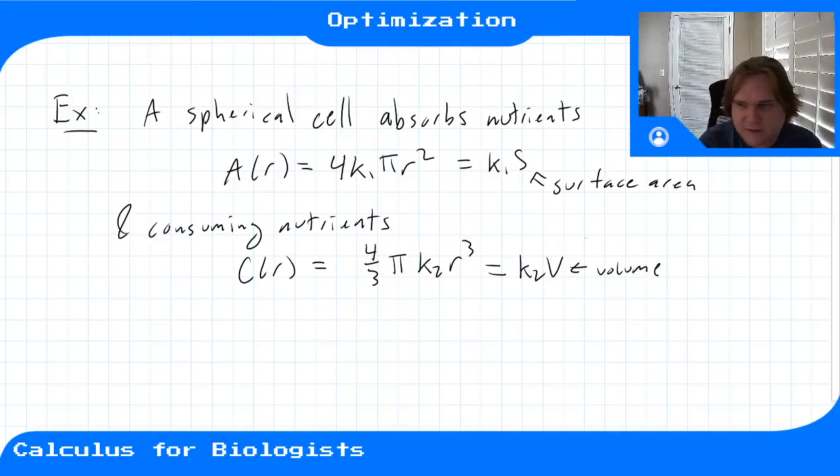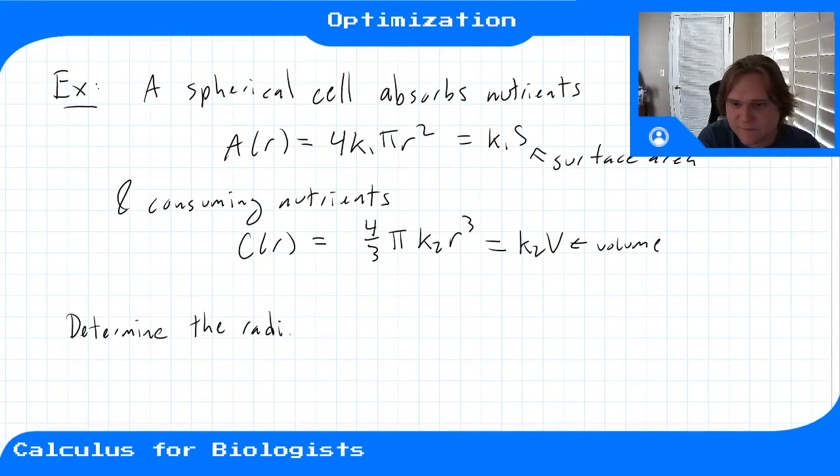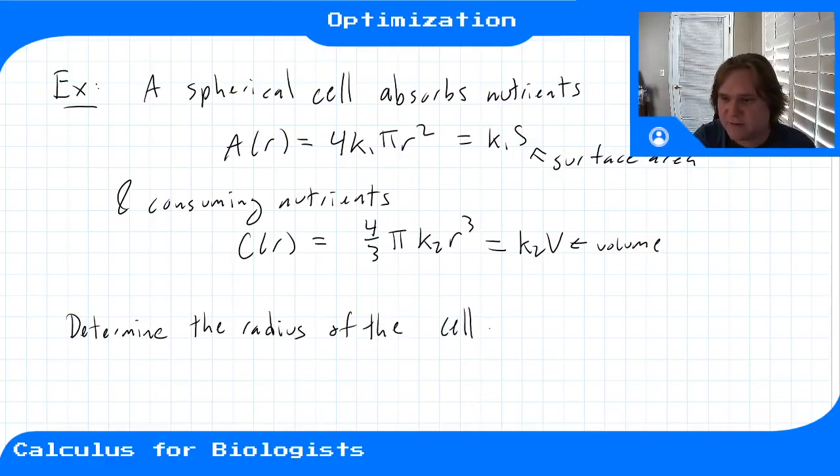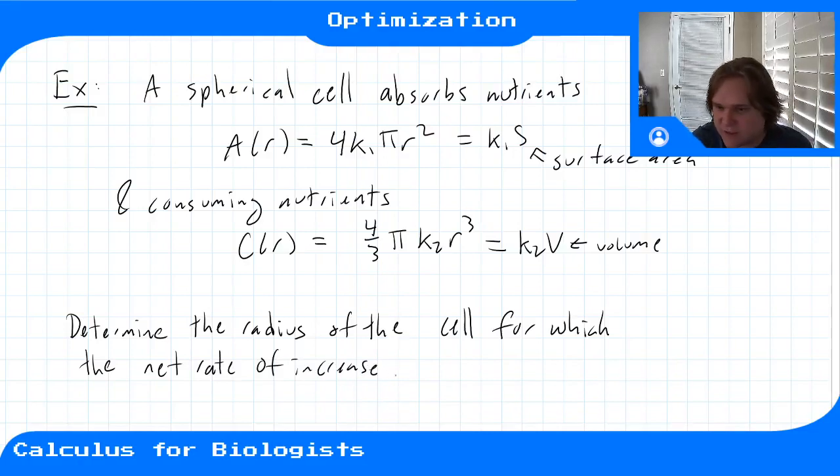Our optimization problem is we want to determine the radius of the cell for which the net rate of increase of nutrients, N of r, is largest.